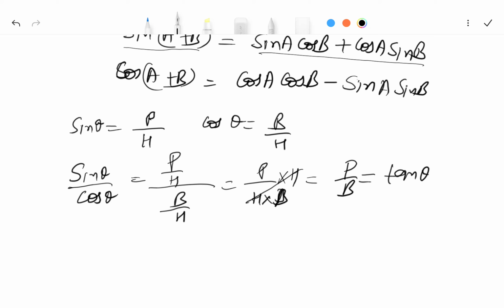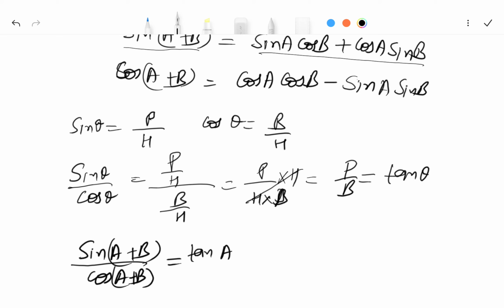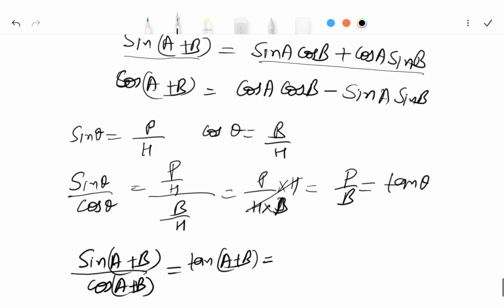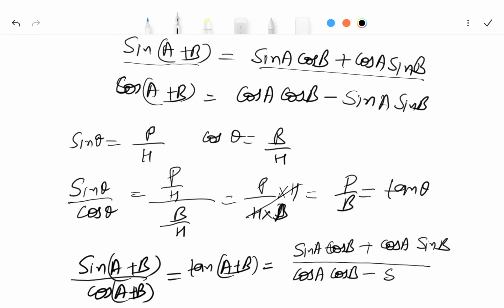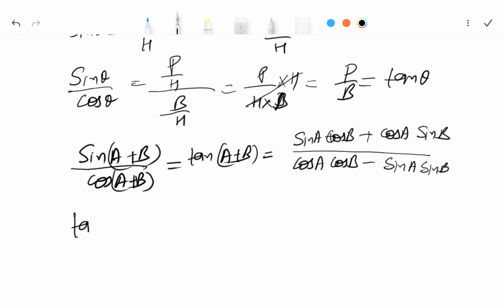I will get sin A plus B by cos A plus B, which is tan A plus B. The right hand side is equal to sin A cos B plus cos A sin B by cos A cos B minus sin A sin B.